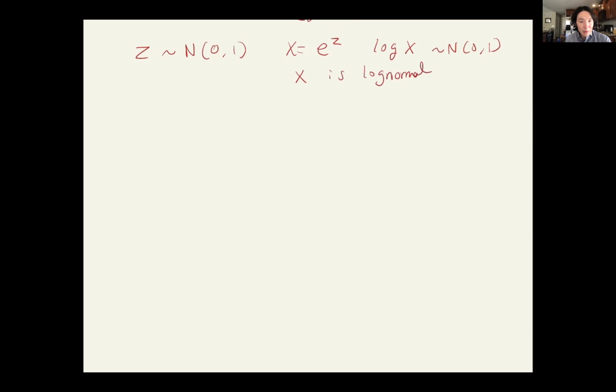So Z is the standard normal random variable, X is e to the Z, and X is called the log normal. Now, we can calculate the expected value of X. How do we do that? Expected value of e to the Z.